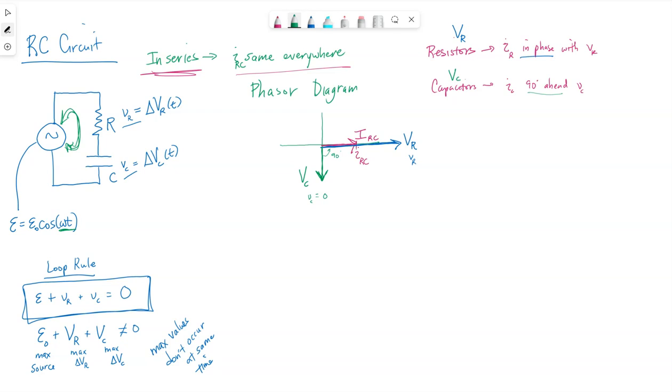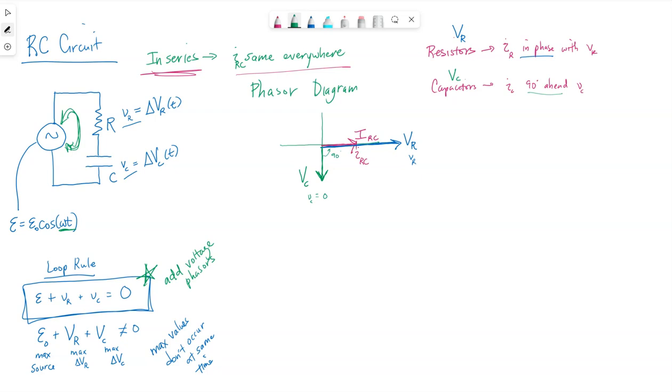To represent Kirchhoff's loop rule, we simply add the voltage phasors, and we have to add them vectorially. The phasors are vectors. We've drawn them at this exact moment in time, and so vector addition is what we need to do to relate this back to the source voltage.